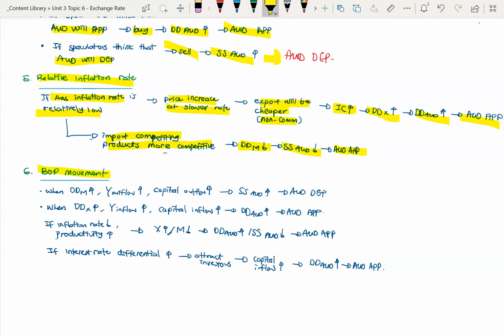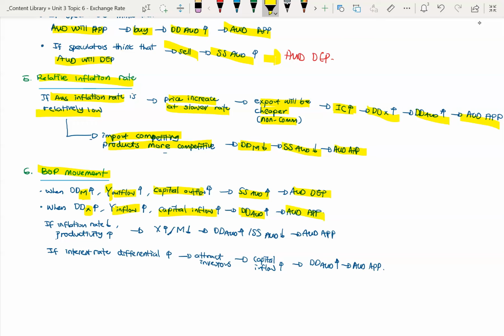Import, income outflow, capital outflow, all these are outflow transactions, will result in more supply and hence depreciate. Export, income inflow, capital inflow, these are inflow transactions, will result in more demand for AUD, AUD appreciates.